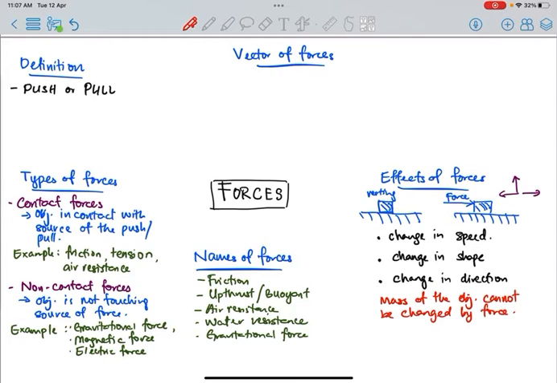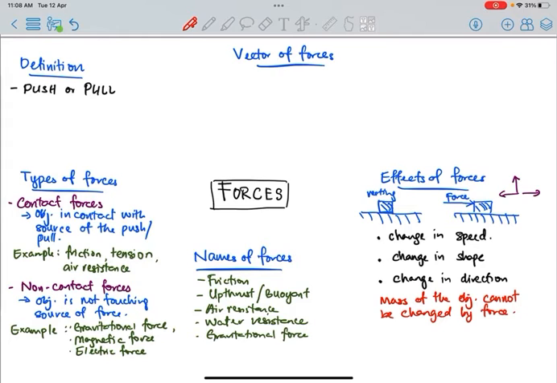The mass will only change if you break the object into two different parts, or if you cut off one part of the object. That means you are removing a certain number of atoms from the object. That will cause the change in mass. But in the idea of forces, usually we do not have a change in the size of the object or the number of atoms of an object.